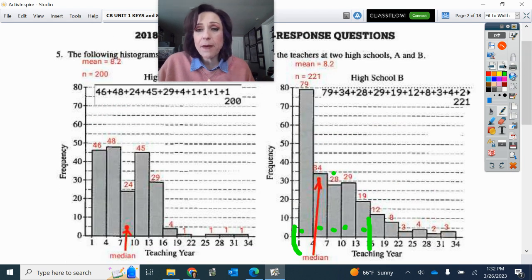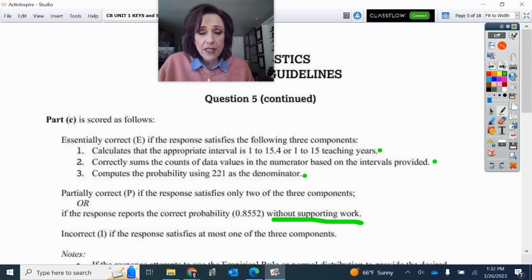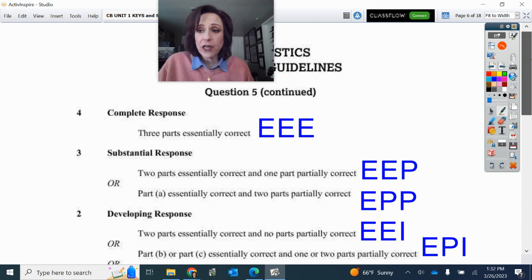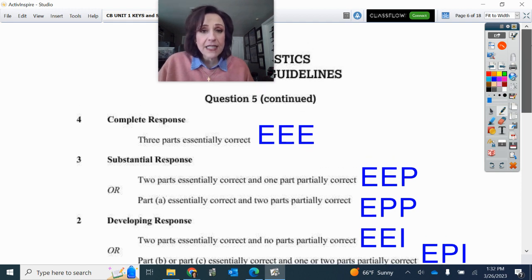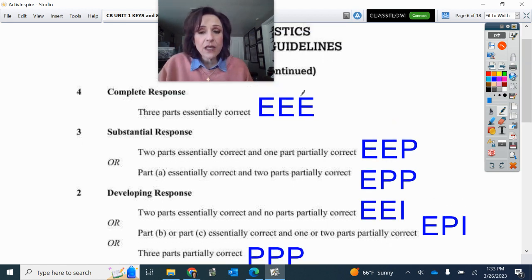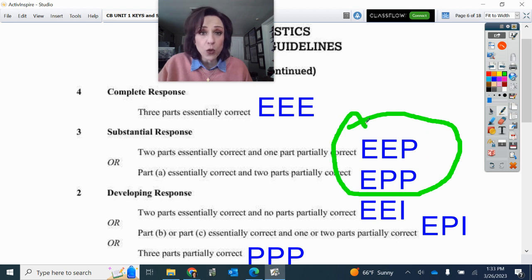All right, so then let's talk about, once you've gotten your E's, P's, and I's for those 3 pieces, now we want to translate this 2018 test number 5 into a score of 1 to 4. And so if you got 3 E's, then you got a score of 4 points. If you had EEP or EPP, then you got a score of a 3.